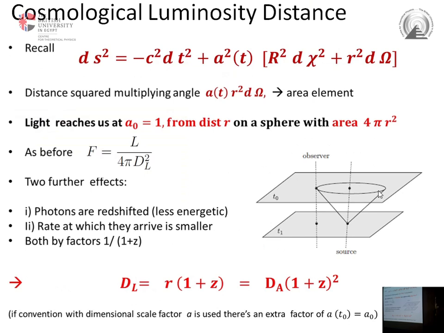But here we care about energy, about luminosity. A supernova is a point. We don't care about its proper length when it emitted. Here we care that the photons lost energy on the way. They became redshifted, so we need to take that into account.